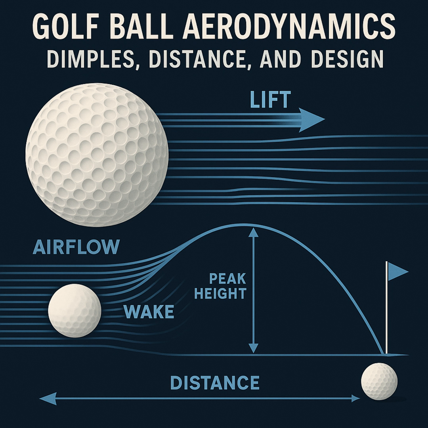A smooth sphere flying through the air creates this specific kind of airflow where the air peels away from the surface really early on. It separates quickly. Imagine the air just can't stick to the back half of the ball. This creates a big turbulent wake behind it. Like a vacuum effect. Sort of, yeah. And that large wake means much, much more drag. So a smooth ball just wouldn't fly very far at all. It would drop out of the sky way too soon.